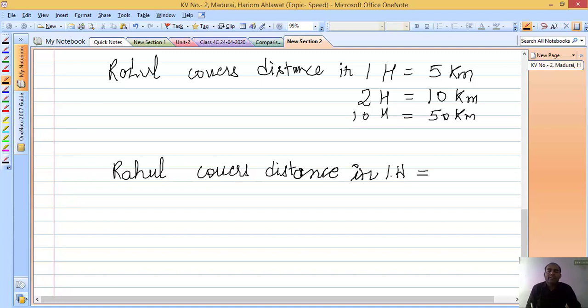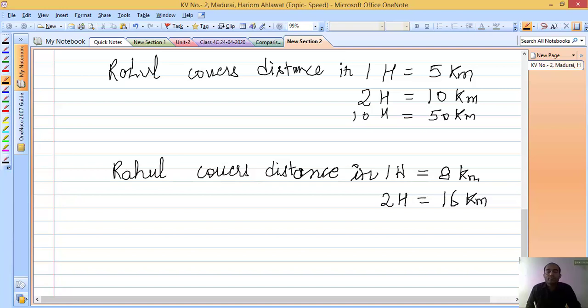Now he has increased his speed. He is covering in 1 hour how much distance? Let's suppose 8 kilometers. Okay. This time Rahul has increased his speed and he is covering 8 kilometers in 1 hour. Okay. In 2 hours, how much is he going to cover? 8 twos are 16 kilometers.